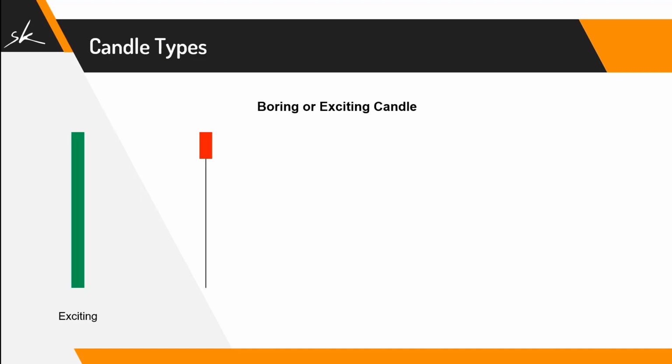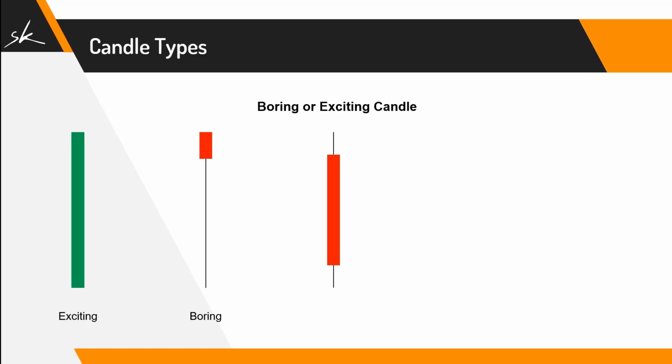In the next example, we again take the body range from the open to the close, and the range of the candle from the high to the low. Now we take 50% of the candle range and compare. Since the body range is less than 50%, we will call it a boring candle.